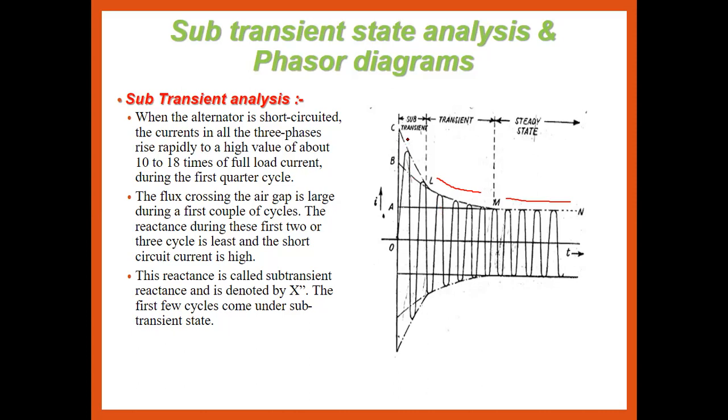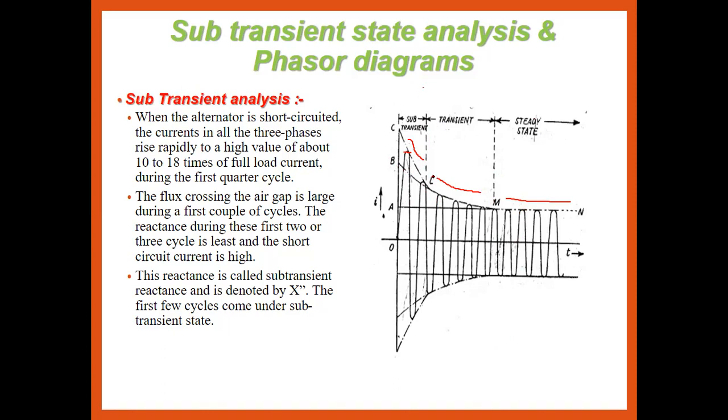But in the subtransient state, the value of the current is generally 10 to 18 times as compared to the steady state. Means the fault current under the subtransient should be higher than the transient, and the fault current under the transient should be higher than the steady state.